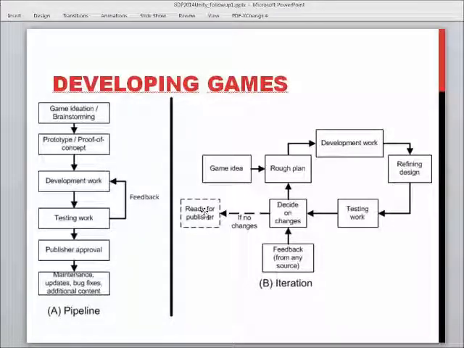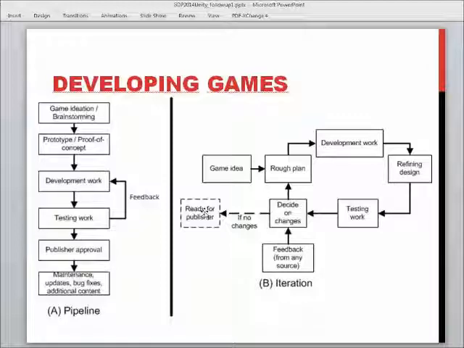But the important difference between these models is that the iteration model, more or less, starts with the idea that we want to make a game. We don't know if it's commercially feasible. We don't know when we will get money out of it, and it may take a long time, even before the product or project becomes profitable.